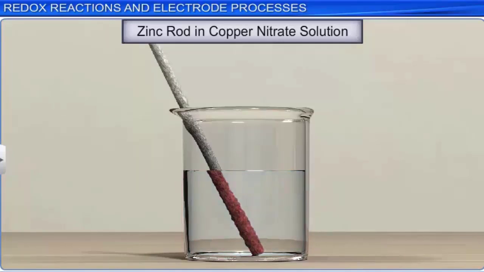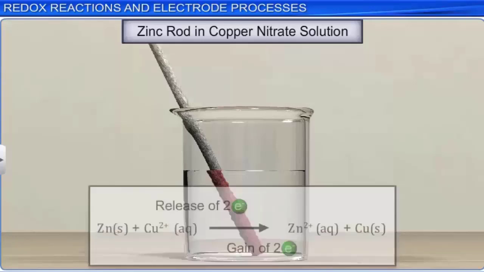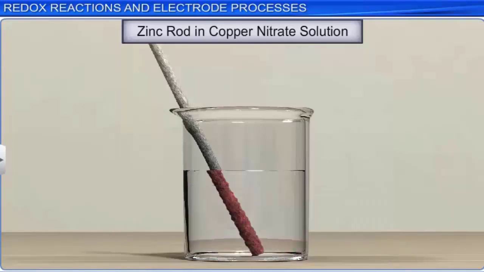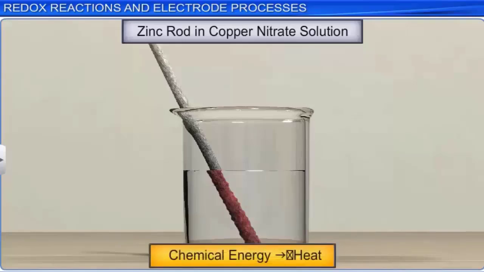The zinc rod, on the other hand, gets coated with reddish metallic copper. In this reaction, zinc is oxidized to zinc ions and copper 2 plus ions are reduced to form copper. This reaction took place in an open vessel, and the chemical energy from the reaction was released as heat.